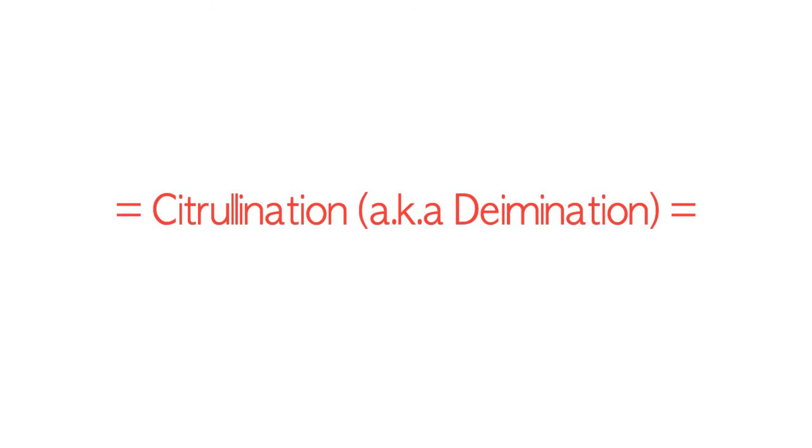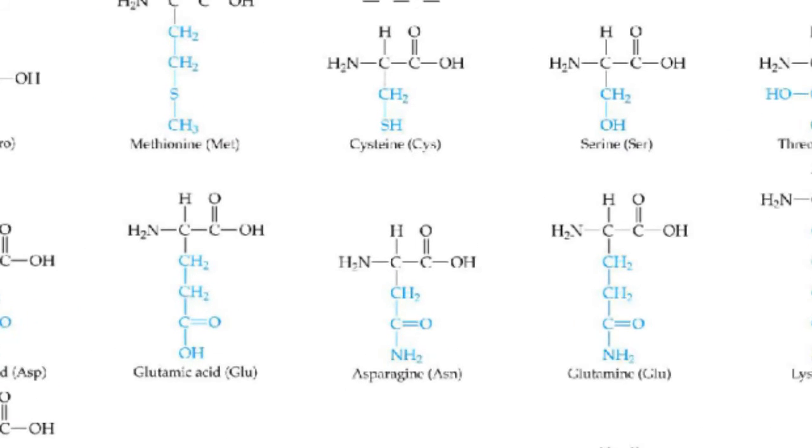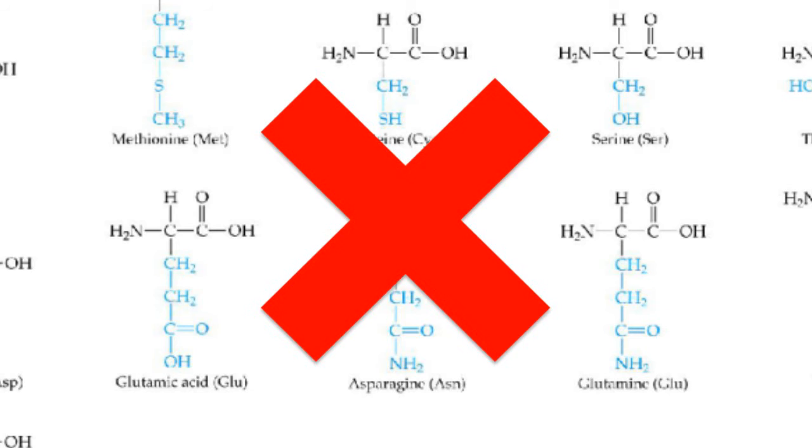Citrullination, or deimination, is the conversion of the amino acid arginine in a protein into the amino acid citrulline. Citrulline is not one of the 20 standard amino acids encoded by DNA in the genetic code. Instead, it is the result of a post-translational modification.